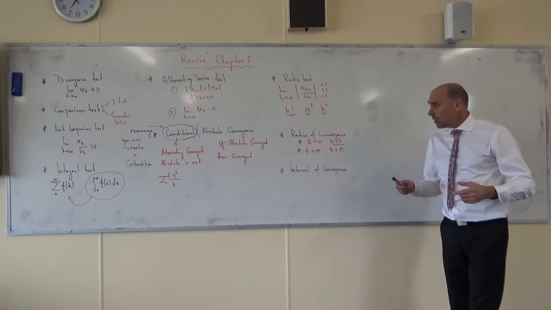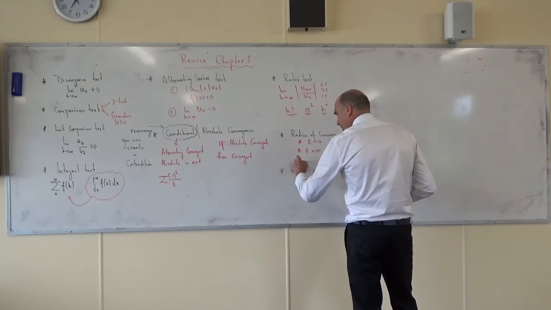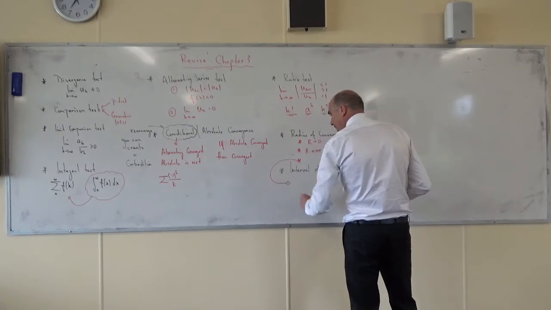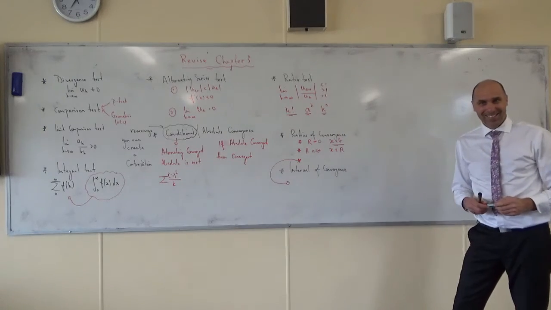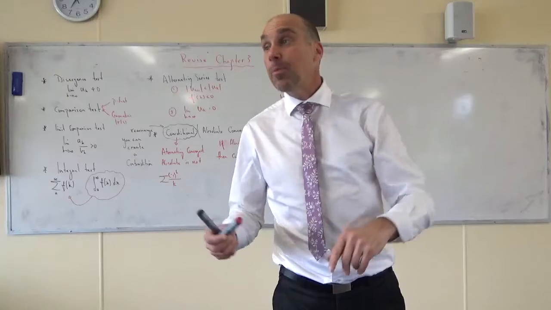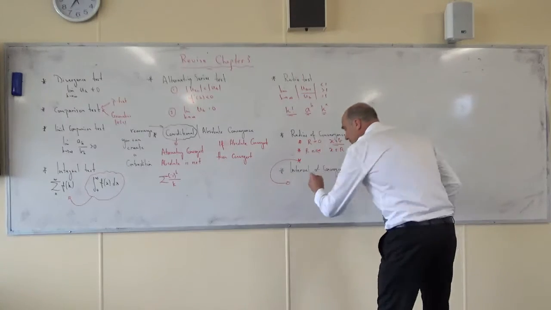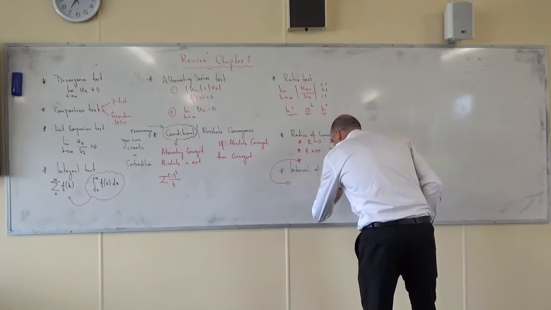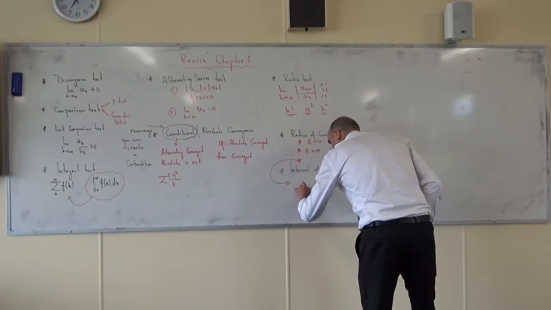And what was the last condition? Of course, the last condition was it only happens for an interval. And what do we need to do with that interval? We need to check the endpoints of the interval. In other words, we might have a number line here with a and b.